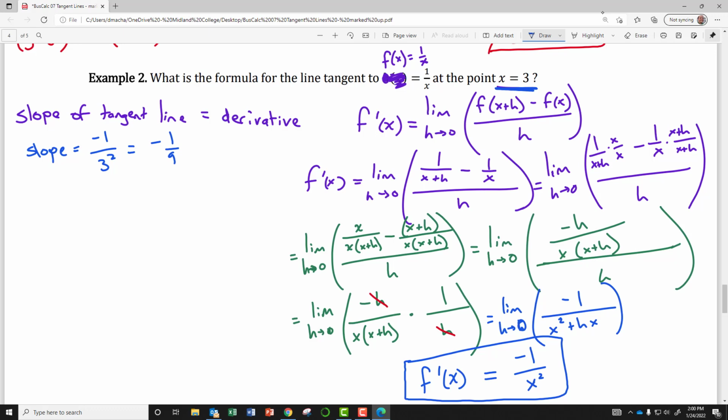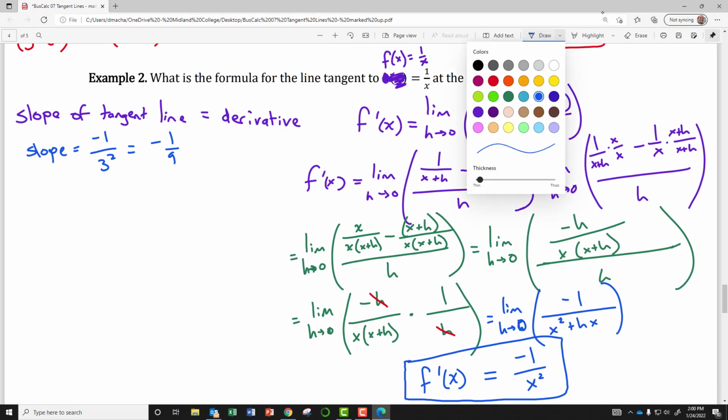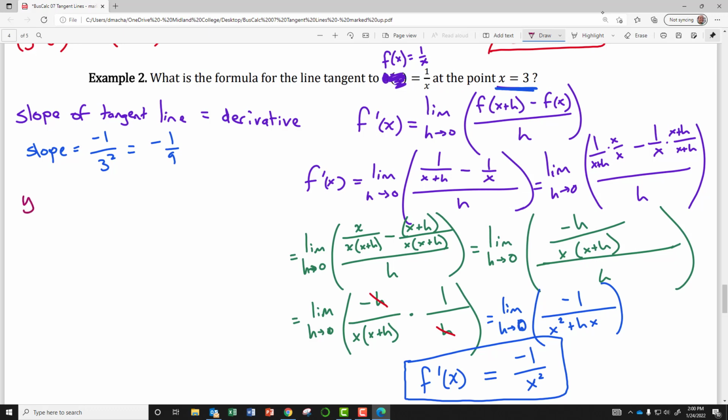Okay, we don't have the full formula for the tangent line yet. We just have the slope. But again, we're going to write out the point slope form of a line. So we have y minus some initial value for y is equal to the slope we were given times x minus whatever our initial value is for x.